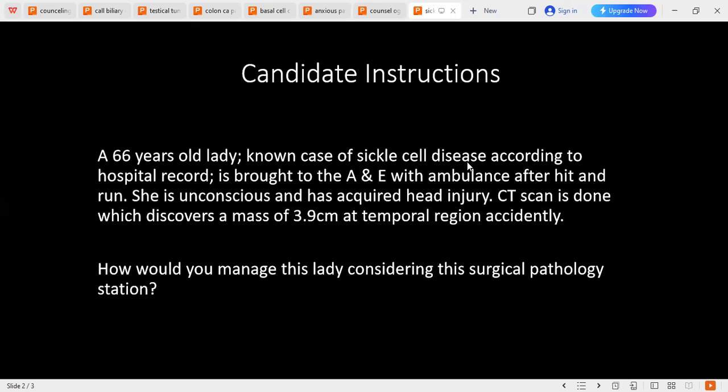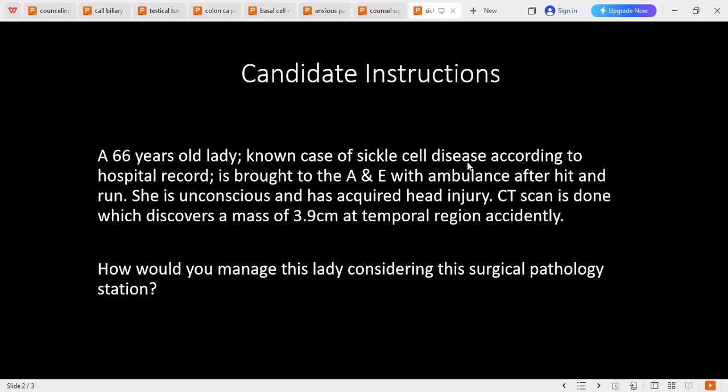Give some examples of the organisms. Encapsulated organisms which are Haemophilus influenzae, Streptococcus pneumoniae, and Neisseria meningitidis.